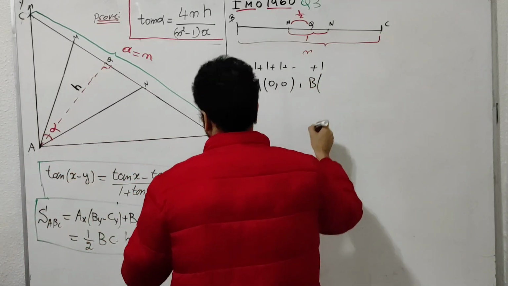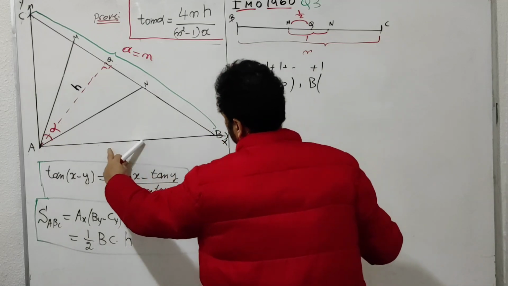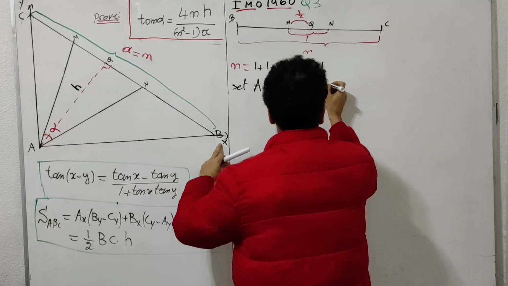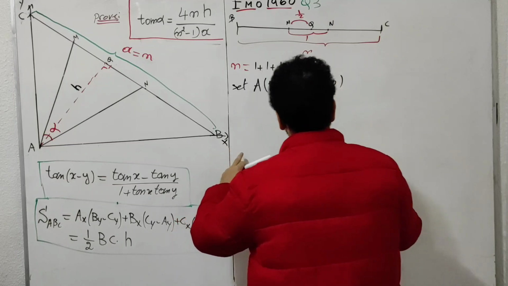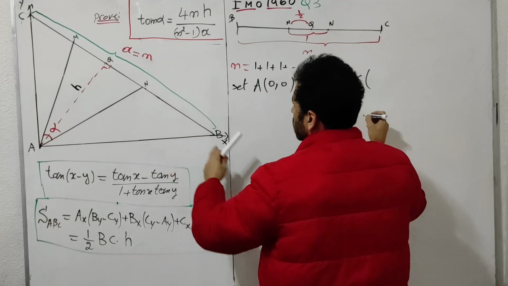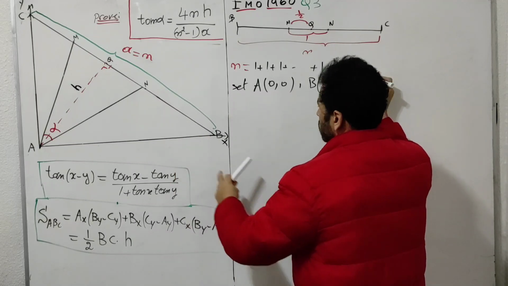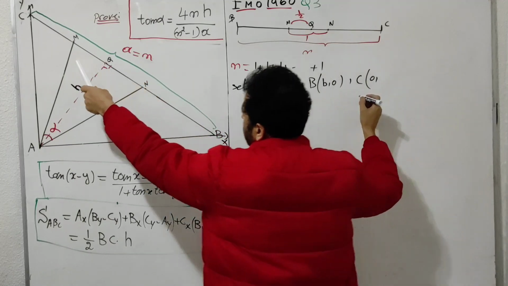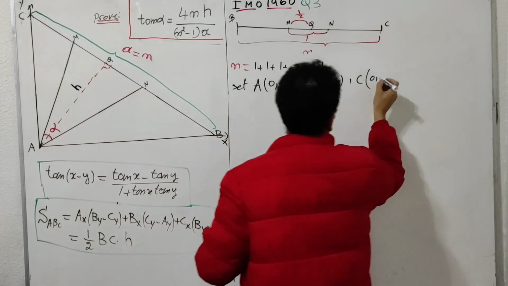Let B be located on the horizontal axis, at (b, 0), and C on the vertical axis, at (0, c).